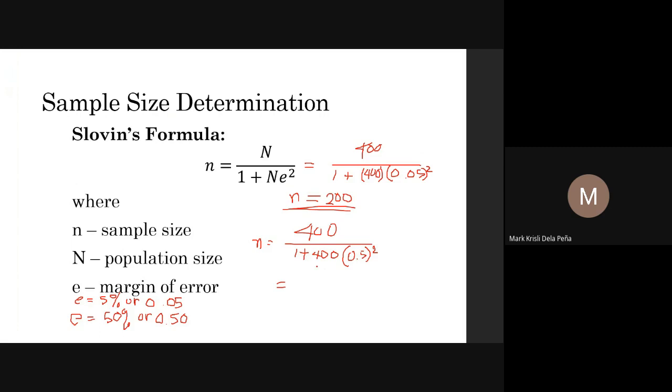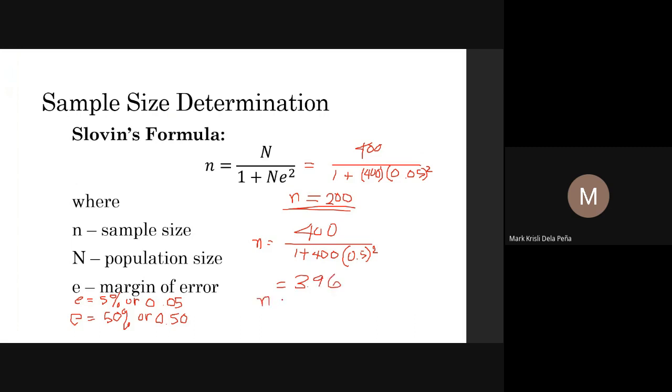So let's use a calculator. That's 400 divided by 1 plus 400 times 0.5 squared. And that gives us 3.96.